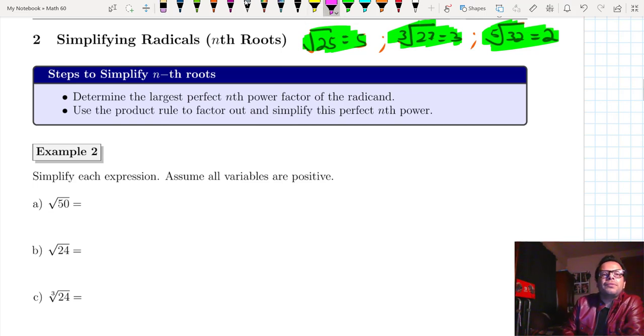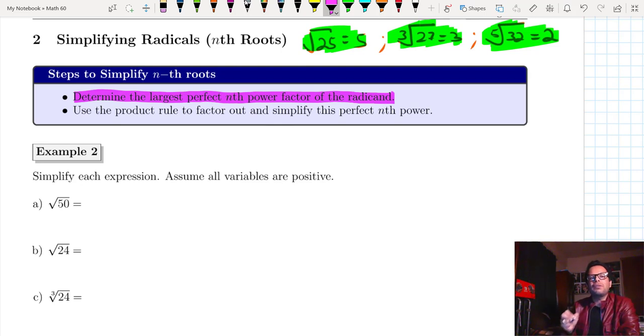The first step is to determine the largest perfect nth power factor of the radicand. That's a lot of words, right? So we're going to look for the largest perfect square, or the largest perfect cube, or the largest perfect fourth, or the largest perfect fifth, the largest perfect sixth, etc.